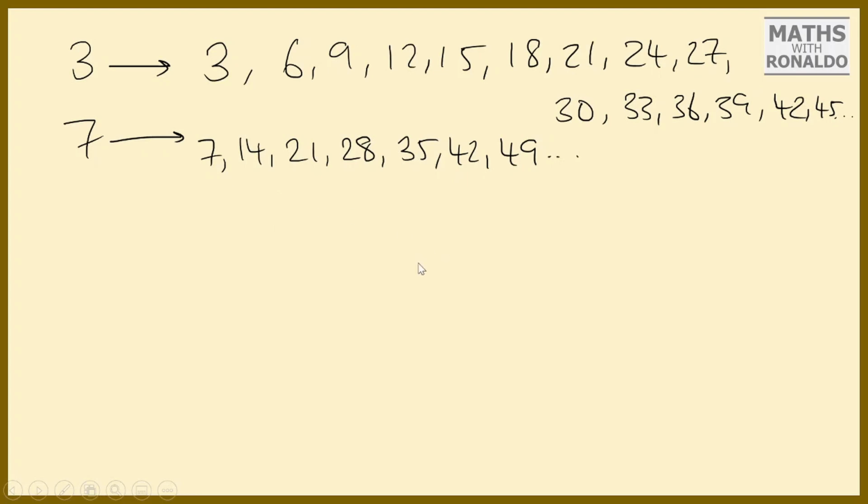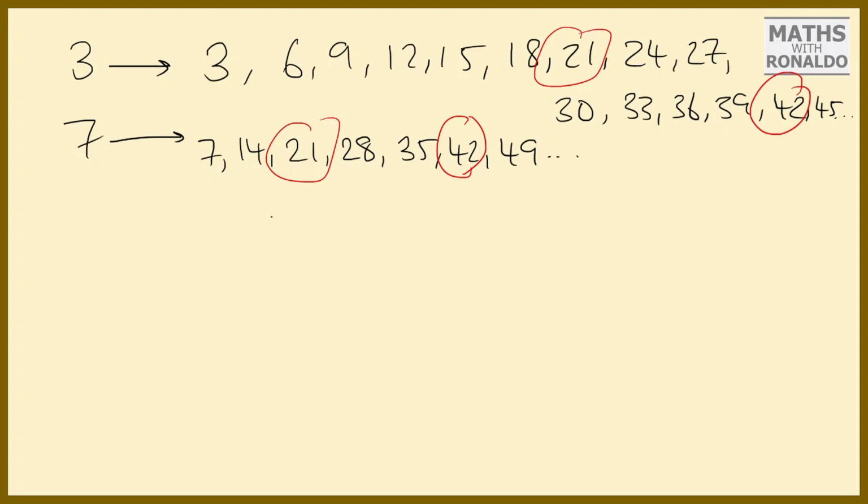Now, the lowest common multiple here is the lowest multiple that occurs in both numbers. It's not 3, it's not 7, it's not 6 or 14. We're looking for a number that occurs in both of them. Now 21 occurs in both of them, 42 occurs in both of them.